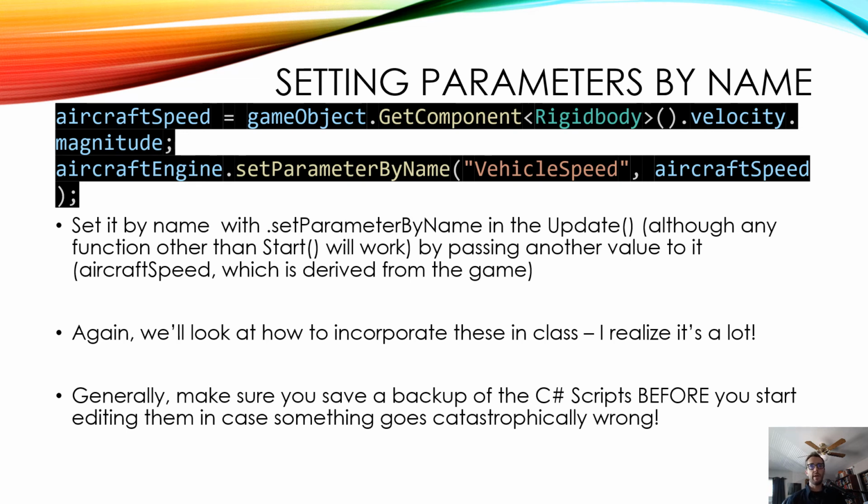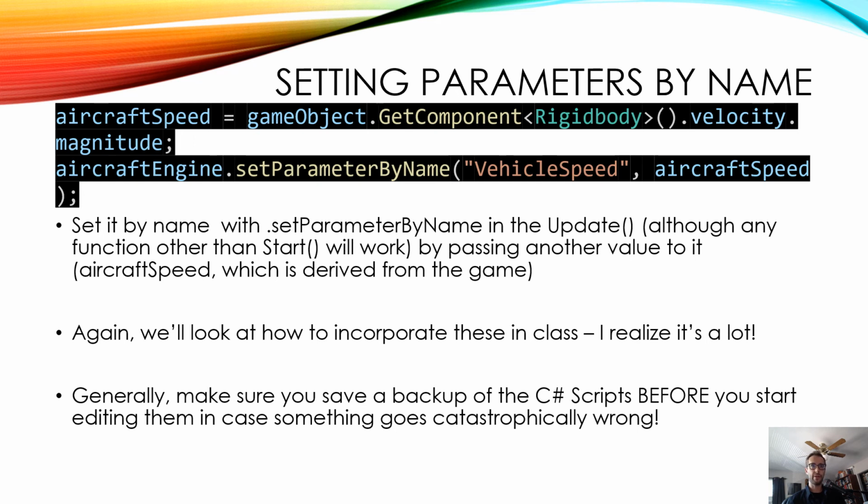Then, the Update function is going to be running repeatedly in the background and is going to have the purpose of updating things as things change. So what I'm doing is I'm taking that instance in the aircraftSpeed variable, and I'm going to create a way to use this variable so that it will edit the sound of the engine.